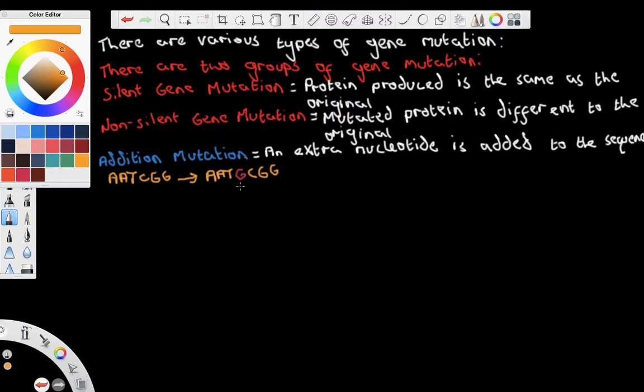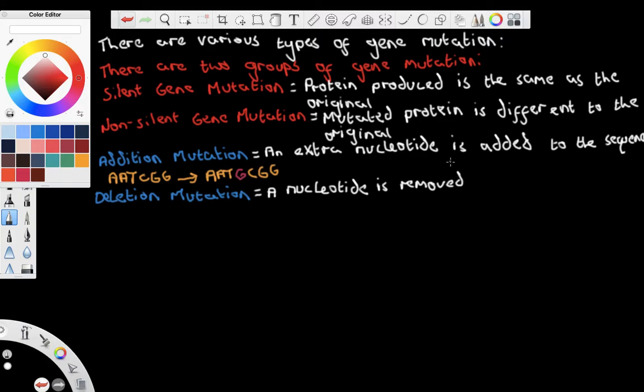Okay. On the other hand, we've also got a deletion mutation. This is where a nucleotide is removed from the base sequence.